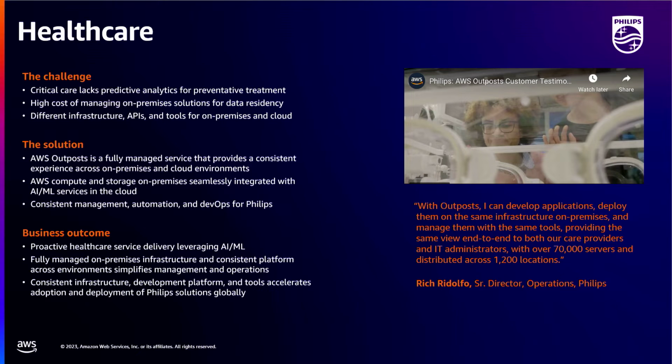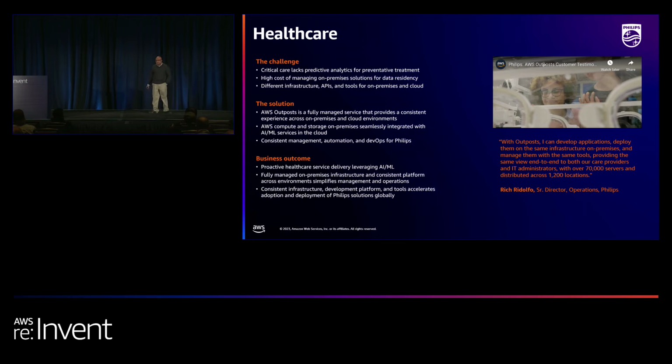So the first example is Philips. If you think about Philips Healthcare, they're in the business of providing critical care. And critical care lacked predictive analytics to really facilitate what they call preventative care, right?